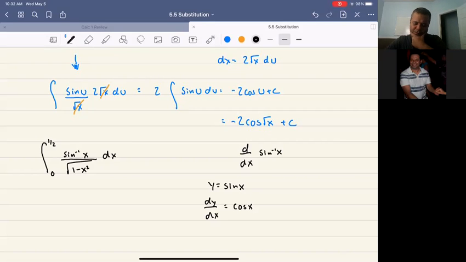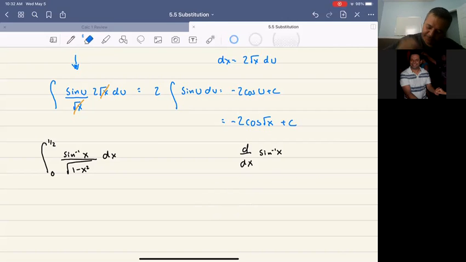Oh, I've got this all wrong. y equals sine inverse of x is equivalent to saying sine of y equals x. There we go, that's what I wanted.